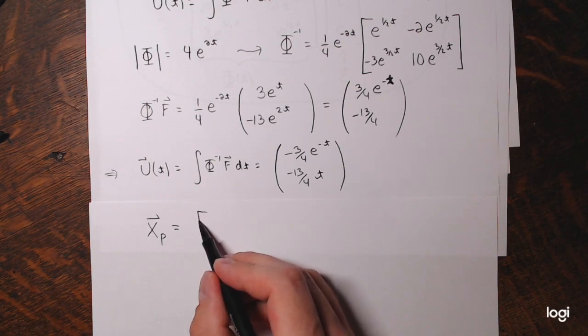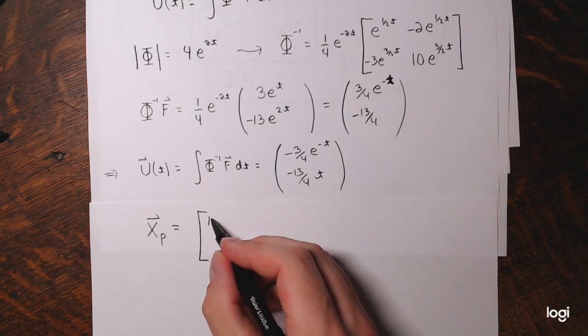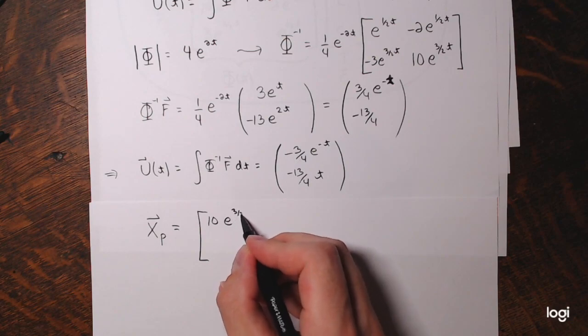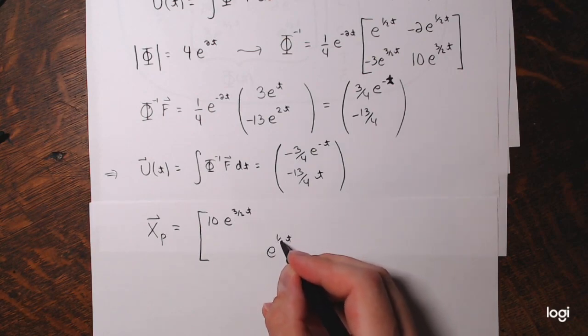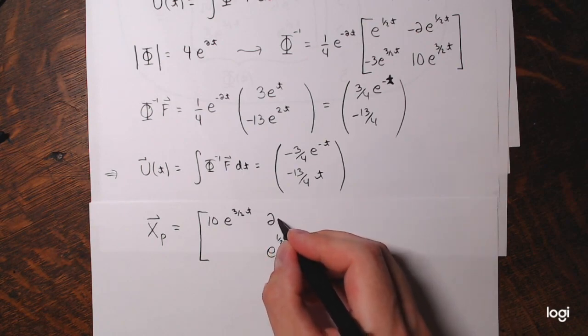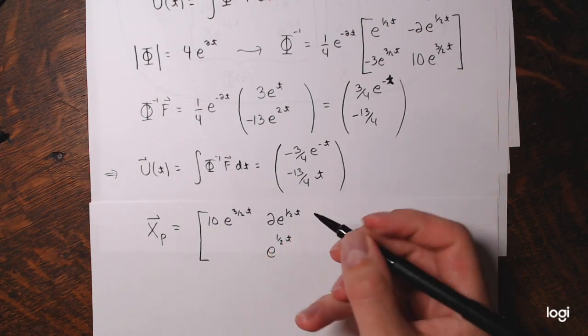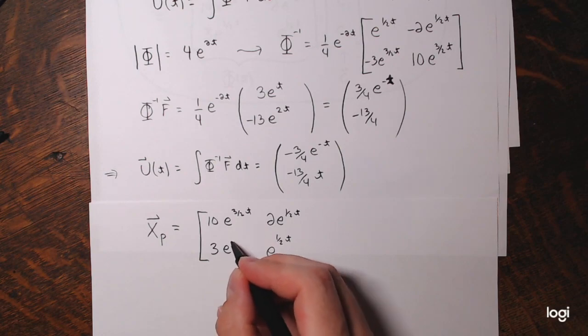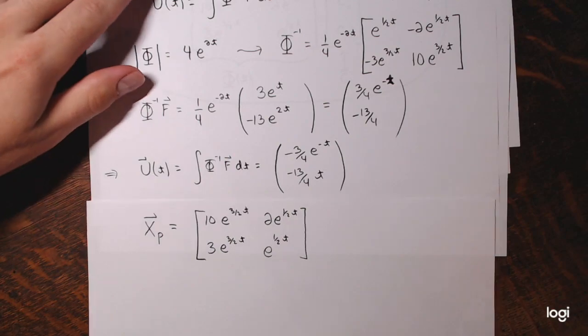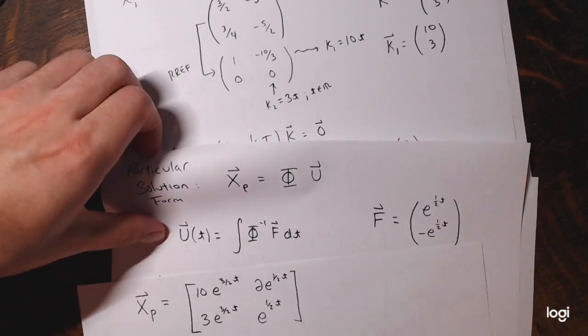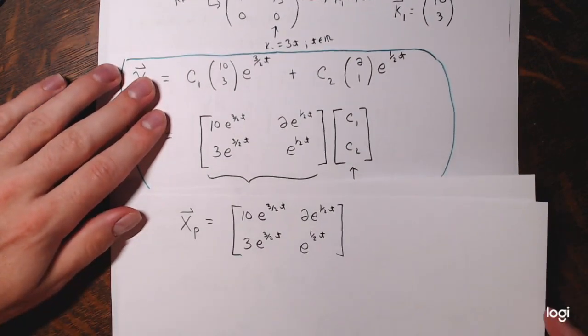Right. Now phi was this. You had 10 e to the 3/2 t, e to the half t down here, and then positive 2 e to the half t, and then positive 3 e to the 3/2 t. This was phi. Let's make sure, doubly sure.